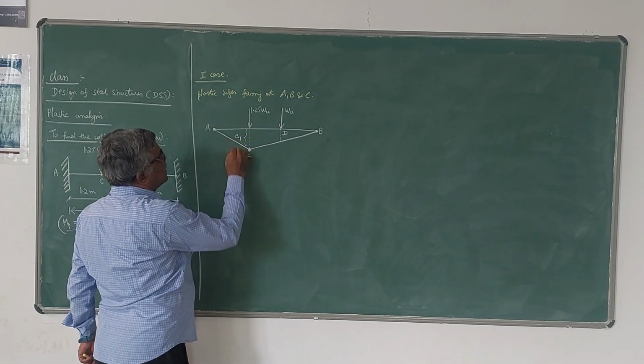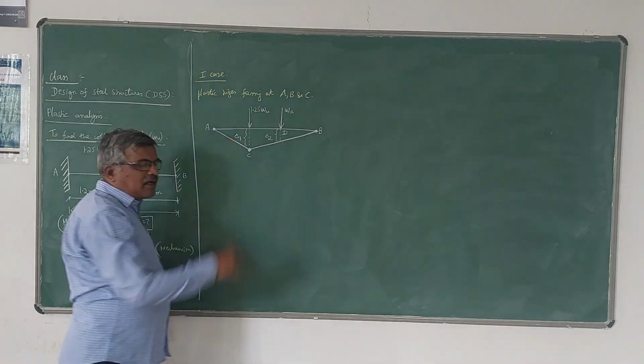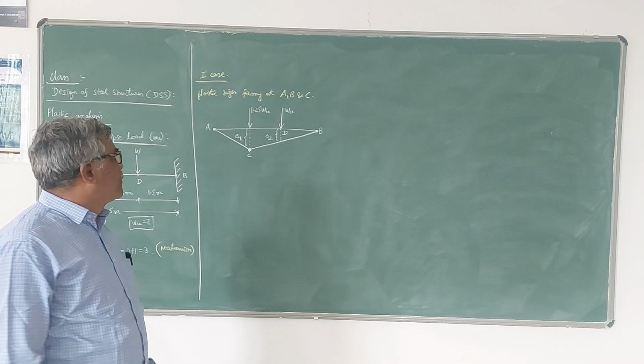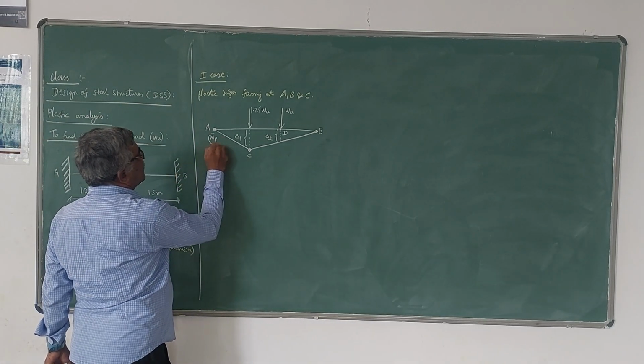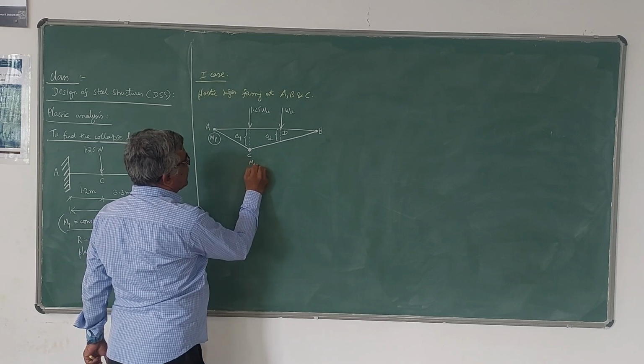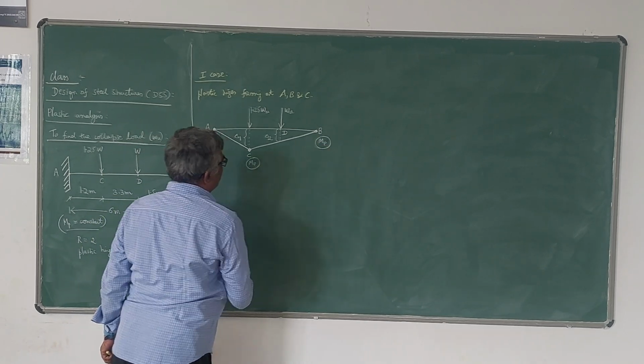I will call them delta 1 and delta 2, because deflections under both the loads we have to consider. The value of MP here is MP, here also it is MP, and here also it is MP, because MP is constant as given.